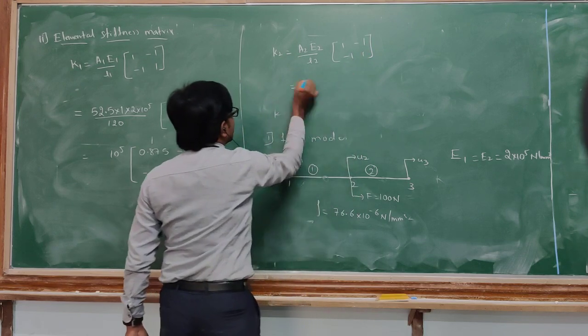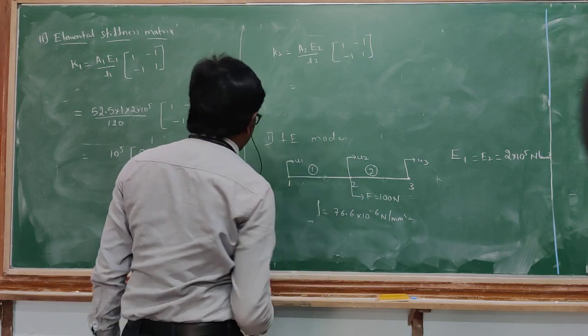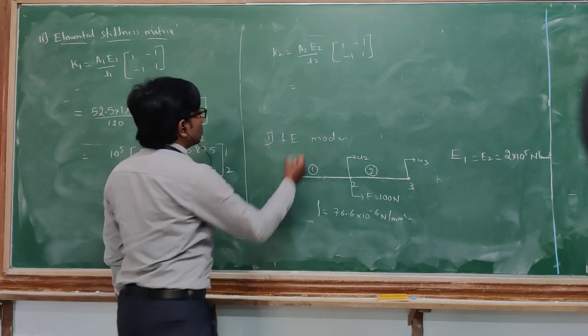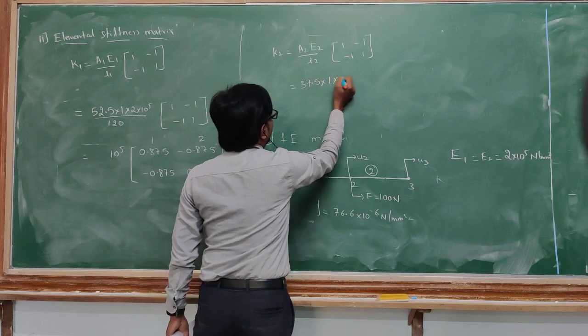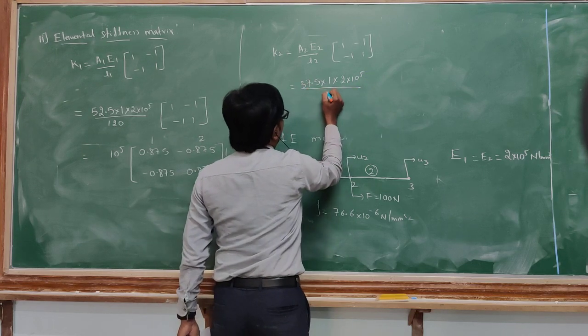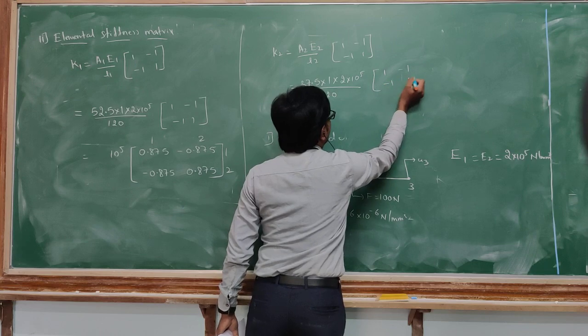This is the equation. For the area of the second element, the width was 37.5 into thickness 1, into 2 into 10 to the power 5. The material is the same. The length is 120.